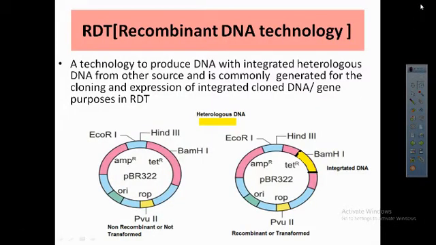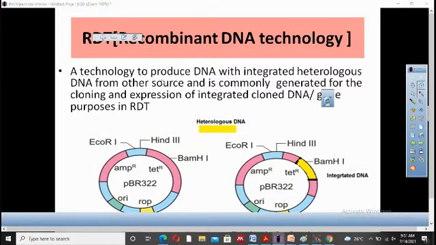Based on this transformation experiment, screening for recombinant DNA was conceptualized. Recombinant DNA, you should know, is a technology to produce DNA with integrated heterologous DNA, that is DNA which belongs to other organisms.